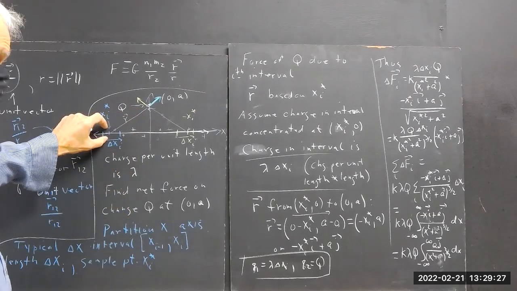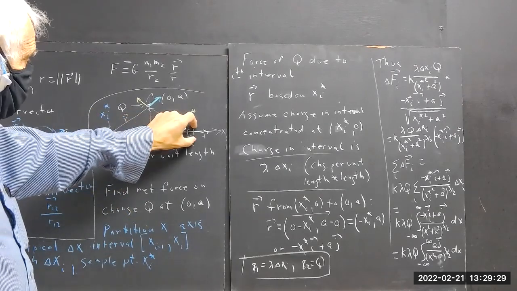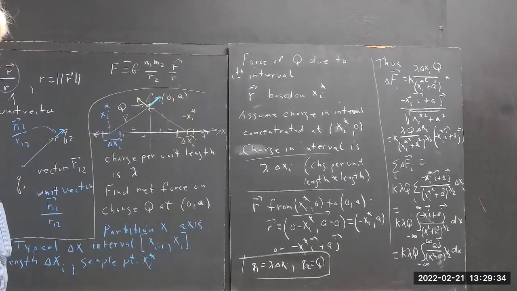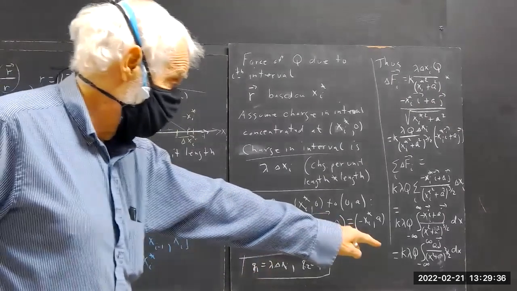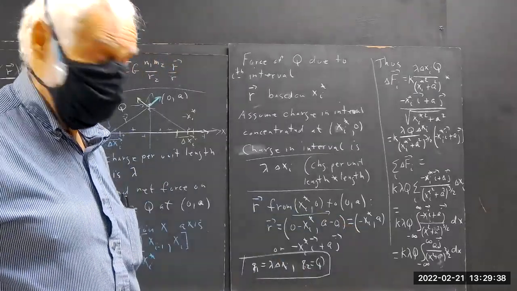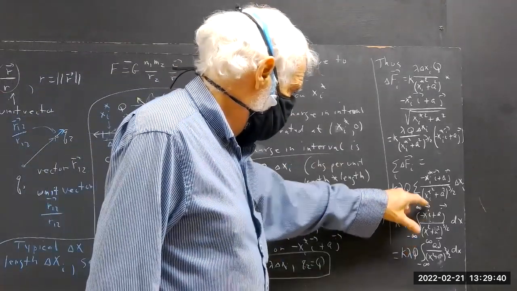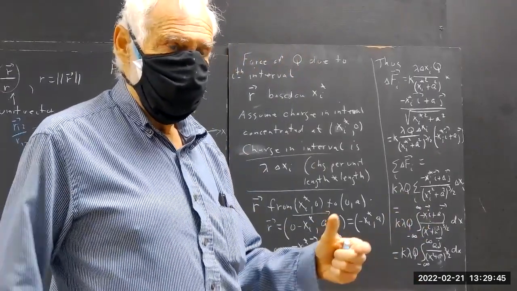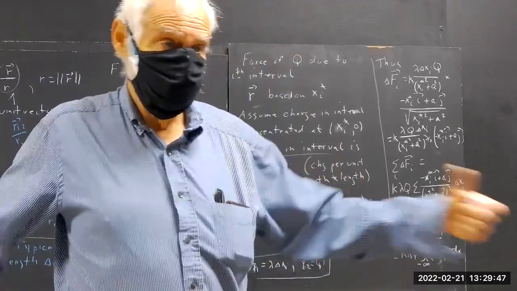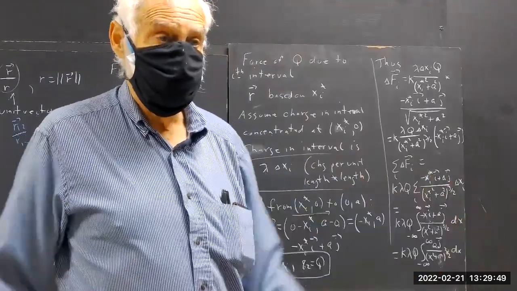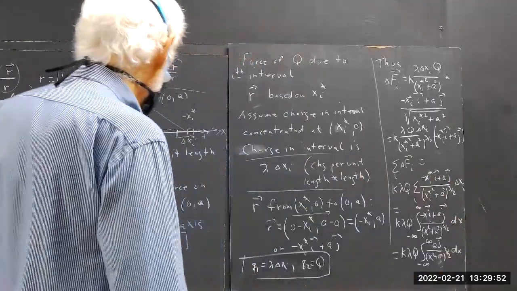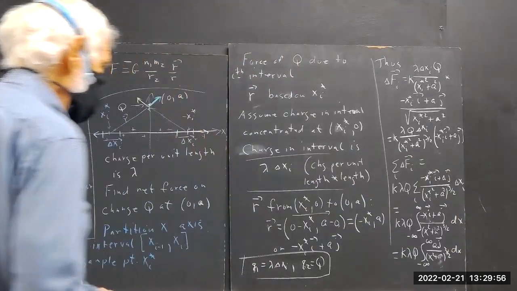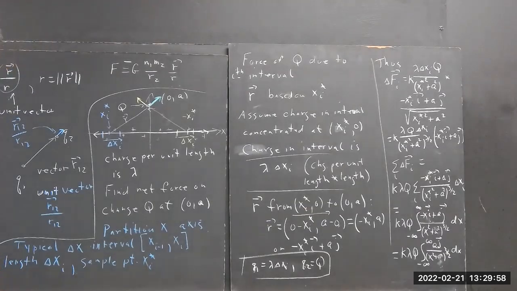For any interval over here, you have an interval over here that gives you the equal and opposite x components, with only the y components that add. And that's exactly what comes out of the integral, when you consider that the integral of x over the 3/2 power of x squared plus a squared is going to give you 0 over the entire x-axis, or over any interval of the x-axis that's symmetric with respect to the origin.